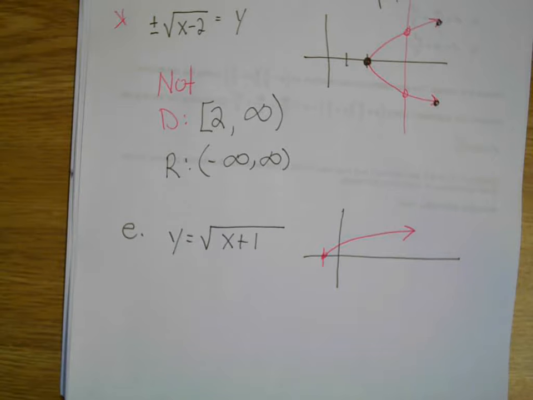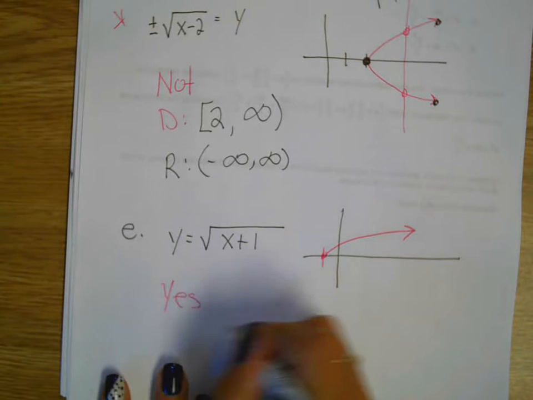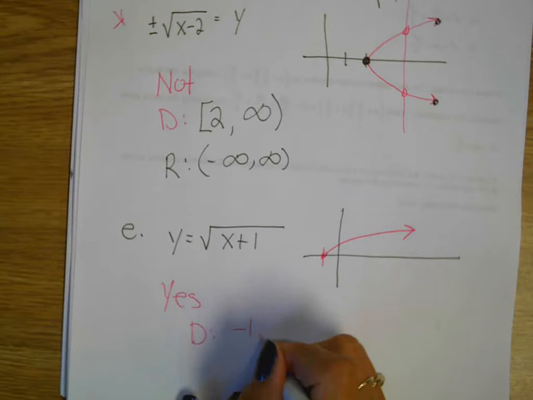So is that a function? Trent, does it pass the vertical line test? Yes, it does. Domain. How about Chloe? What do you think for the leftmost point for domain? -1. And the right value?